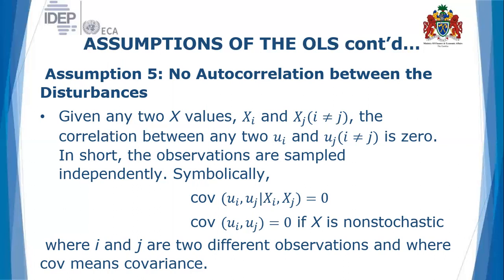Covariance of ui, uj is equal to 0 if x is non-stochastic, where i and j are 2 different observations, and where cov means covariance. So the key point here is that there is no correlation between the error terms of any two, ui and uj.